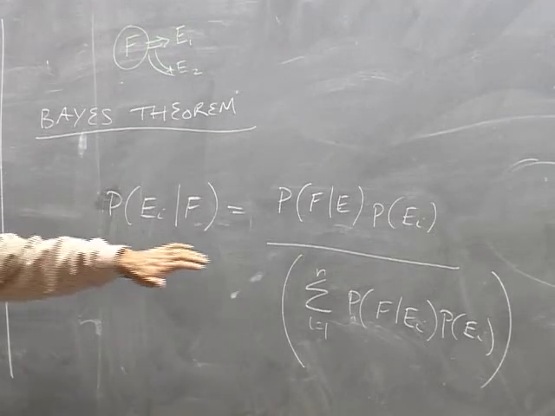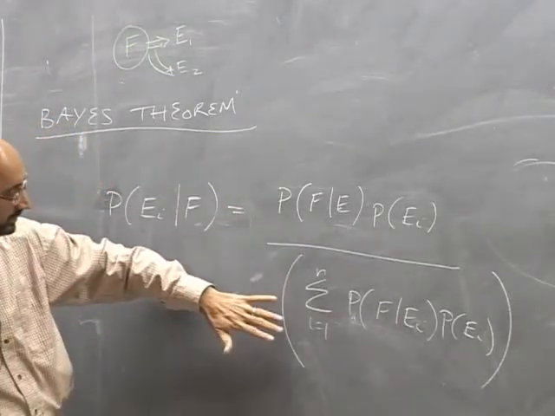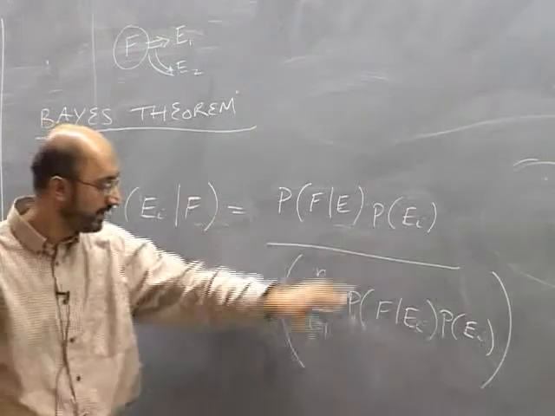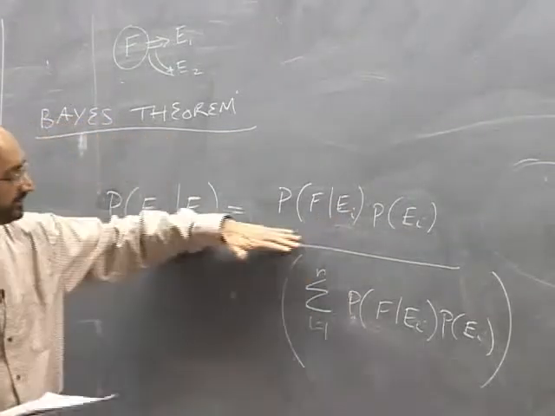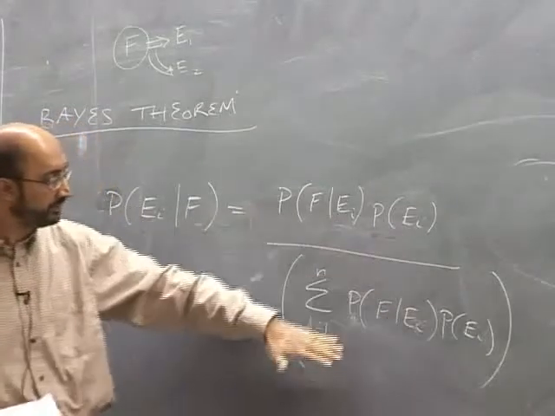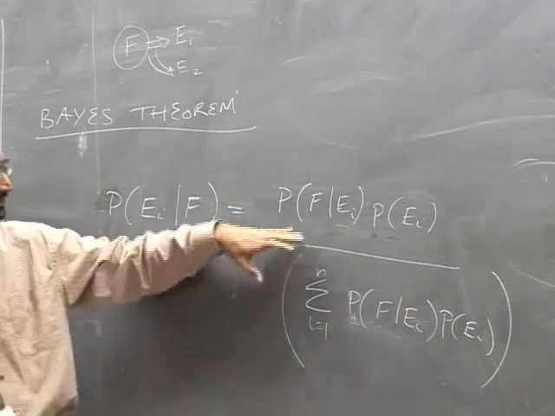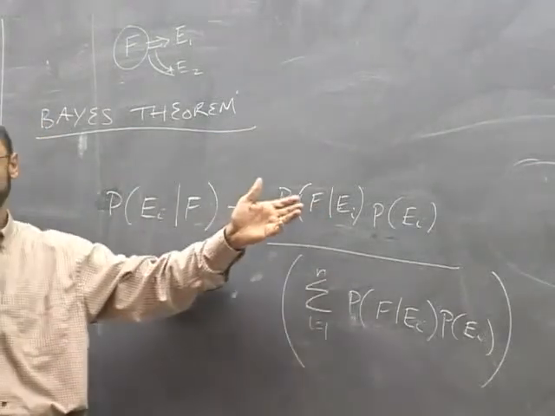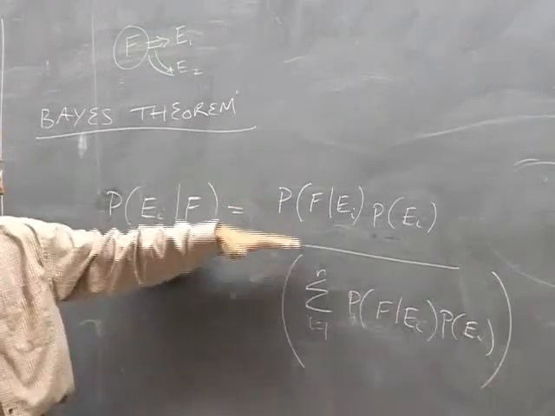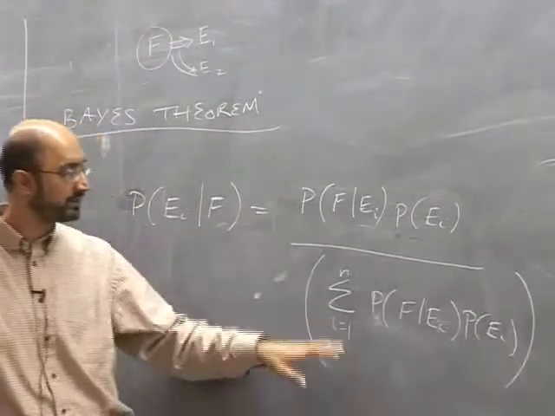Let me explain what it is. The numerator, F given E_i, is basically one chunk, and there are n of these things in the denominator. It's really one of these n things that has been taken, so you can think of it as a weighted average, with n elements in the denominator and one in the numerator.